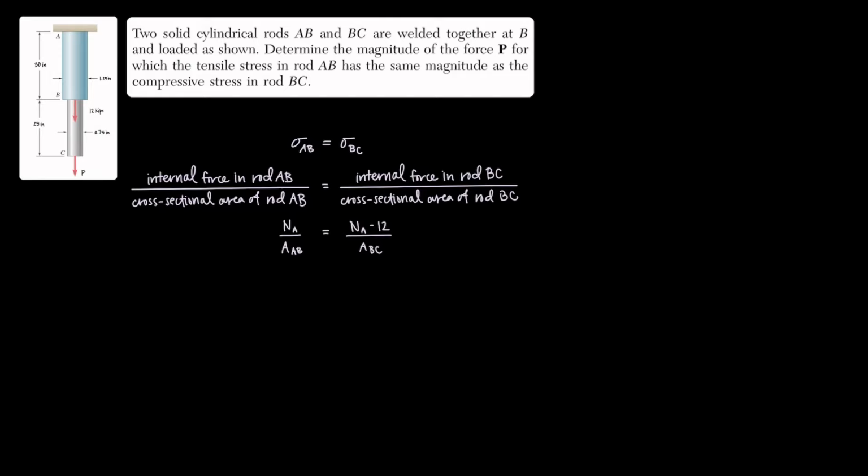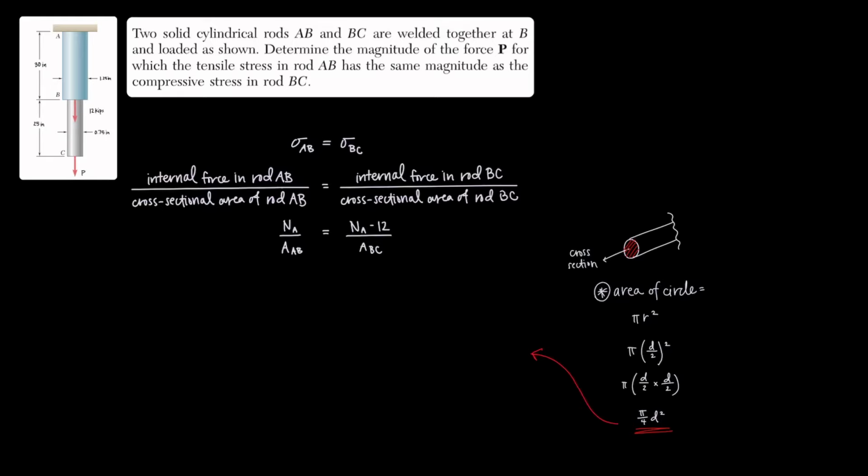Now let's find the cross-sectional areas. These are solid cylinders, so if we cut them perpendicular to their longitudinal axes, the cross-section should be a circle. The area of a circle is pi r squared, but we're given the diameters of the rods instead. So we'll use pi over 4 times the diameter squared, and you can see the calculations for how we derived it on the screen.